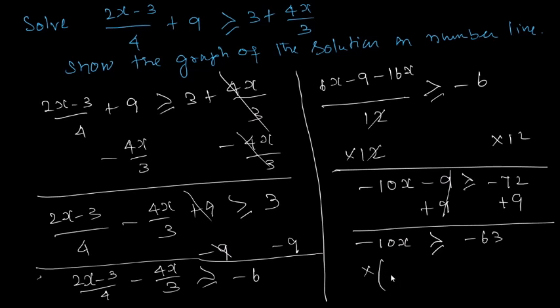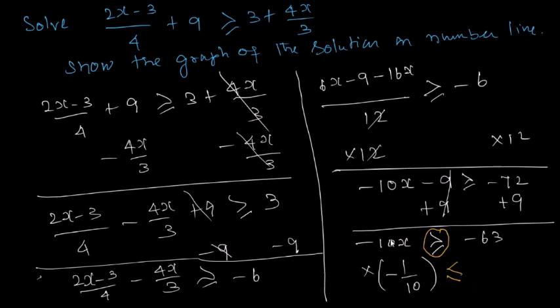Now we already know, as per the rule, whenever you divide by a minus sign, there will be a change of sign. That is, the inequality sign is reversed. So that rule should be applied here.